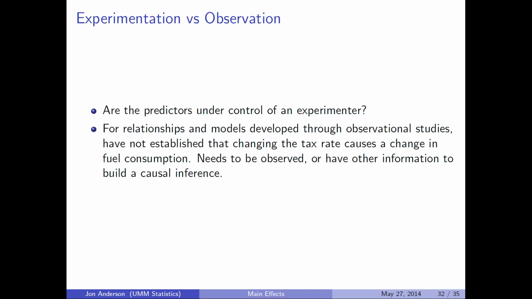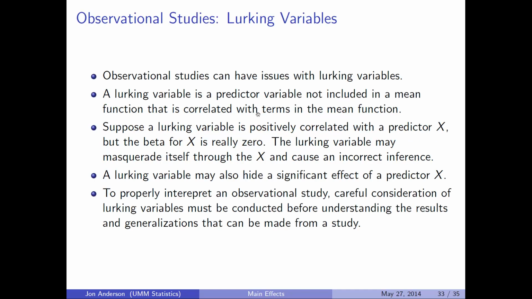Another thing that I've talked about before in this presentation is the issue about whether we have experimental control over the regressors or whether it's an observational study. You really cannot make causal inference statements if the data are observational, like in our fuel consumption problem. They really need to be actually controlled and experimentally changed in some sort of controlled environment to really build a causal inference model.